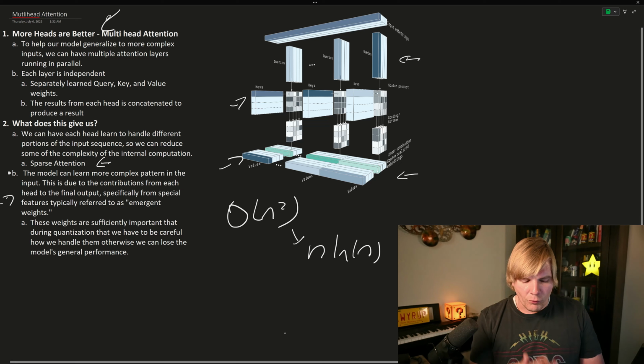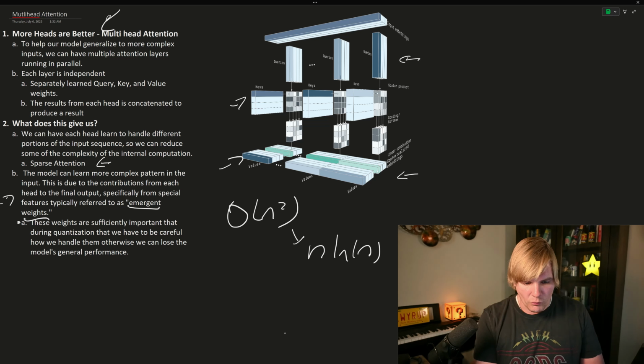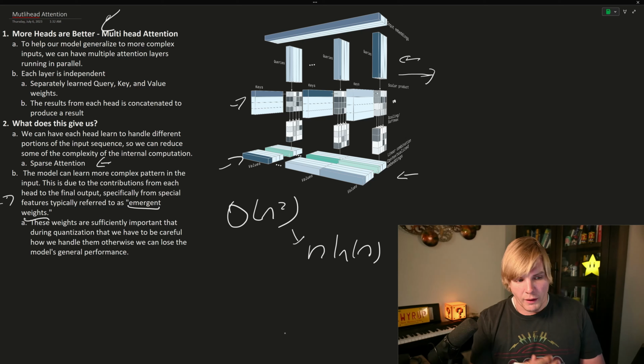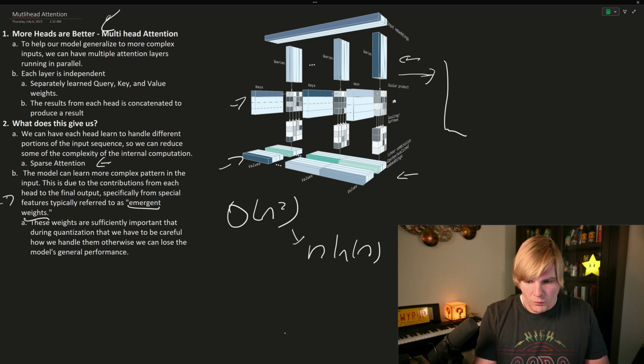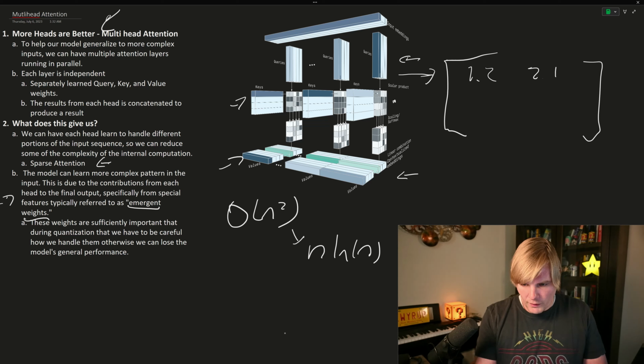This results in what we typically refer to as emergent weights. If we pull out some of these weight matrices that are computing our query, our key, and our value, we'll see that most of the values will be like 1.2, 2.1, and so forth, but some of them will be 60 or 100 or 120.